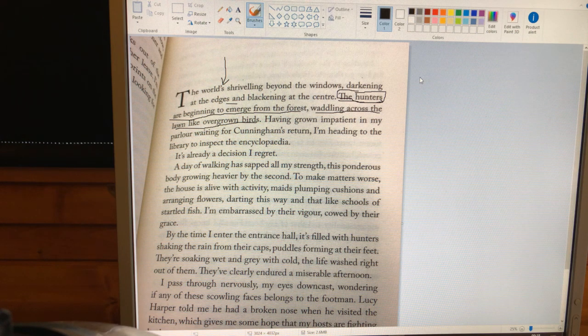The hunters are beginning to emerge from the forest, and they are waddling across the lawn like overgrown birds. But these two verbs don't have an and between them, and because they don't have an and, you do need this comma here. Okay, so there's a good reason for that comma being there.